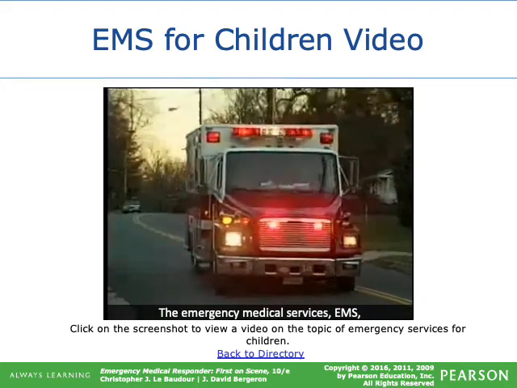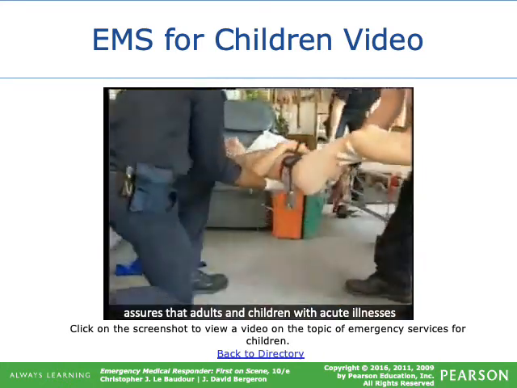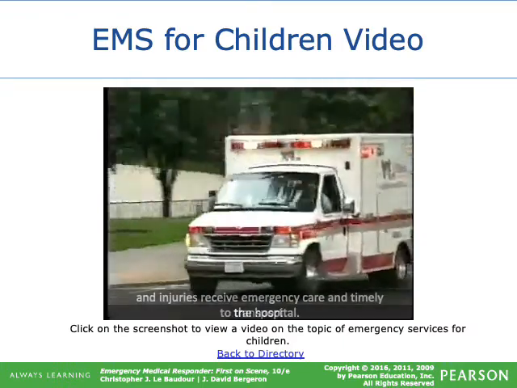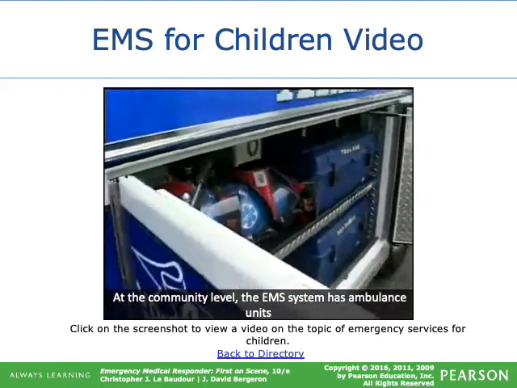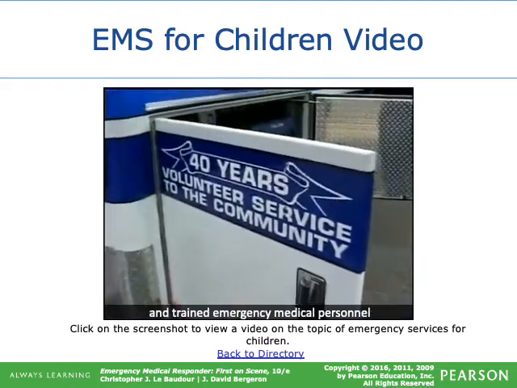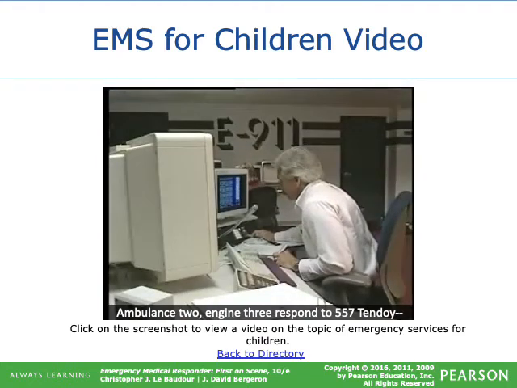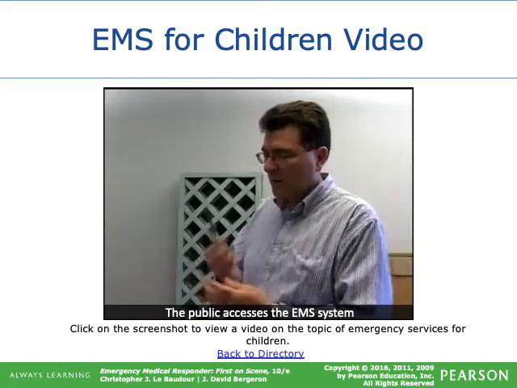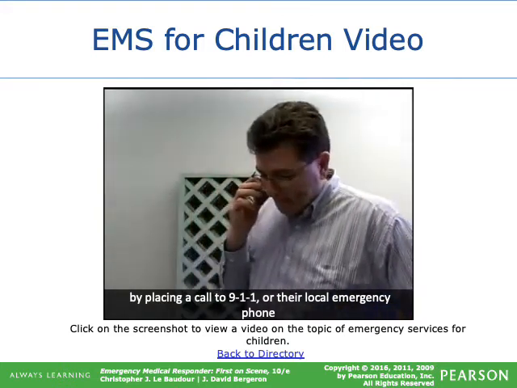The Emergency Medical Services, EMS, assures that adults and children with acute illnesses and injuries receive emergency care and timely transport to the hospital. At the community level, the EMS system has ambulance units and trained emergency medical personnel who respond to emergencies. Ambulance 2, Engine 3, respond to 557 Tendoy, unresponsive child. The public accesses the EMS system by placing a call to 911 or their local emergency phone number.